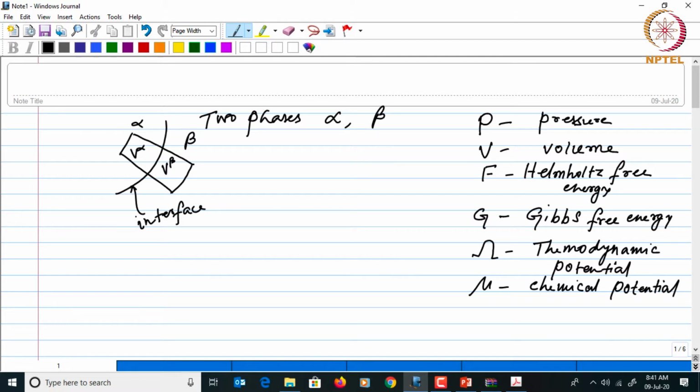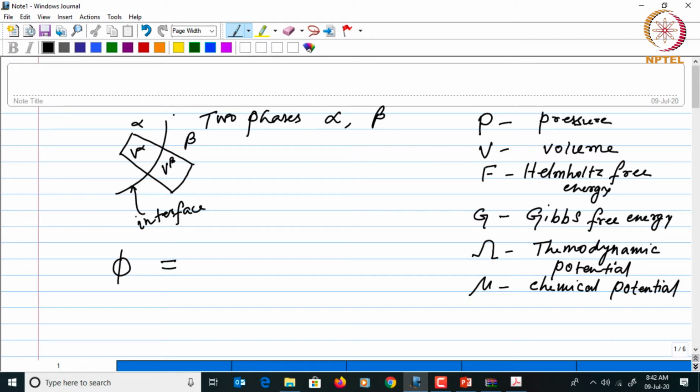So now when you have an interface like this between any two phases, any thermodynamic property can be represented as the sum of the bulk, that means the property of these two phases, alpha and beta, and that of the interface. So let's say any thermodynamic property, let's call that phi, which could be any of the thermodynamic properties, could be represented as the sum of the thermodynamic properties of these two phases, alpha and beta, and that of the interface.